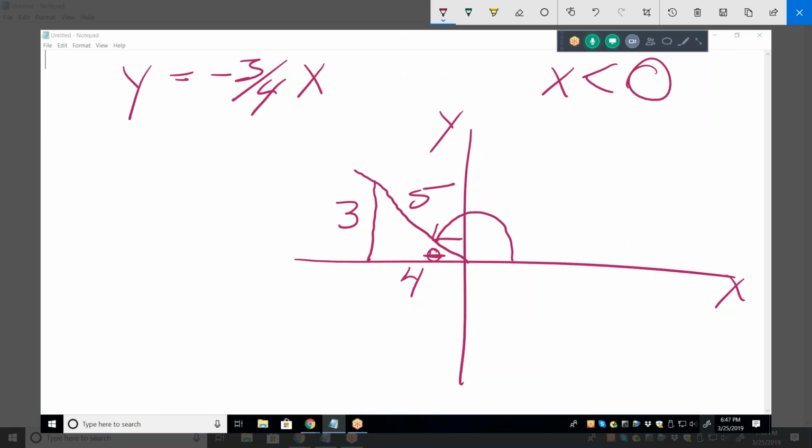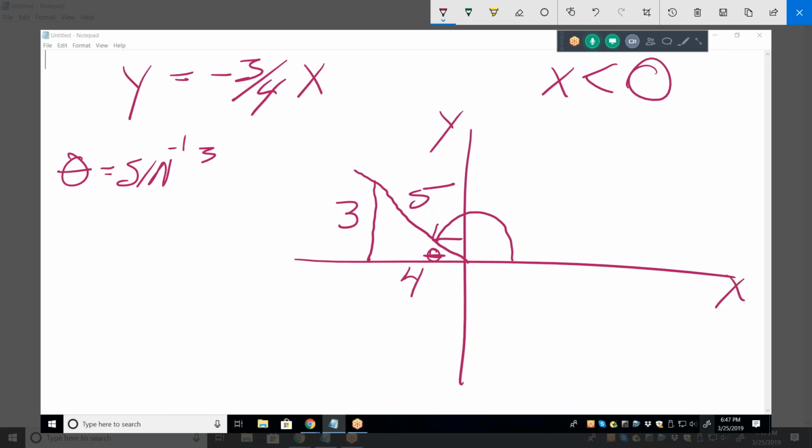Now, they taught you inverse trig functions? Yeah, they did. Okay, because I think we need it here. In other words, we need to figure out theta, right? Yep. Remember that when you use inverse trig functions, you're solving for angles.